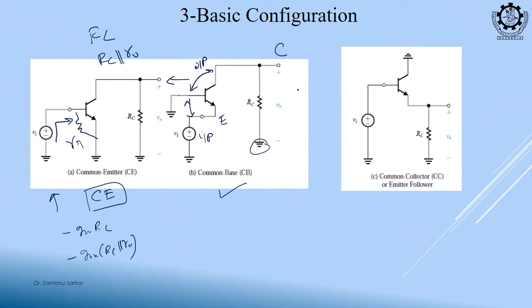Collector. So, what is the output resistance that you see? Same thing. Here also it is the same circuit, right, the output you are seeing is RC. This is the output resistance. If you consider R naught, it will be RC parallel R naught.